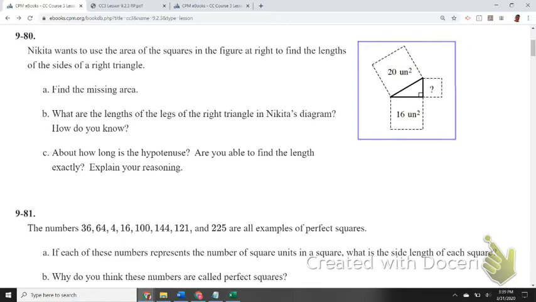If you recall, to determine if a triangle is a right triangle, you'll know that the sum of the 2 smaller squares should be compared to the area of the largest square. I want you to do the following 3 questions on your own, A, B, and C. Go ahead and pause the video, take as much time as you need. When you're done, come back and check your answer.